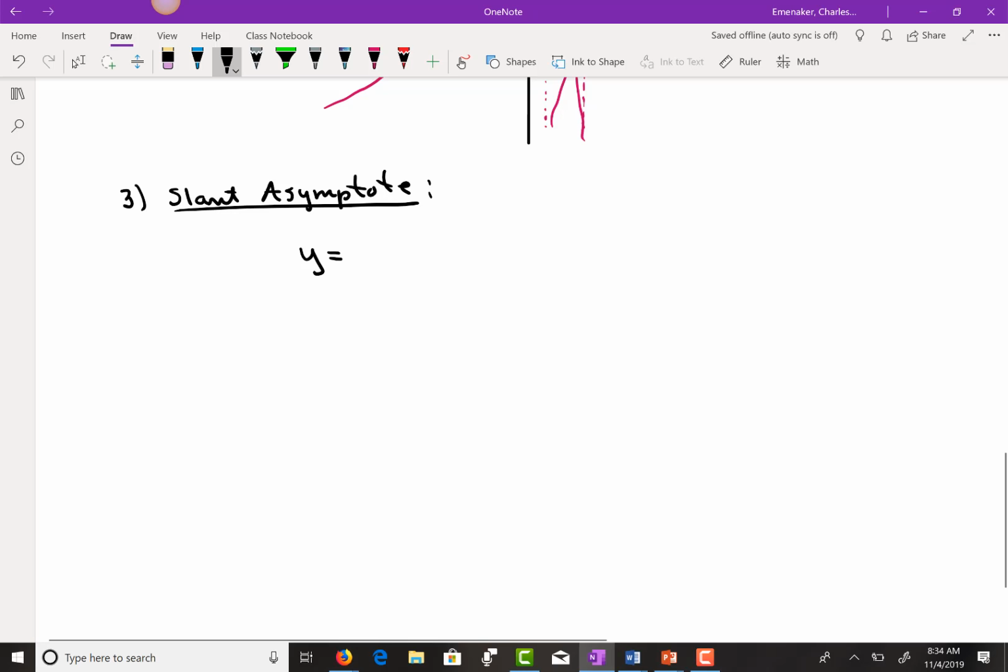So the numerator would be something like x squared plus 5x plus 6, and the denominator might be something like x minus 1. The numerator is degree 2, the denominator is degree 1. The degree of the numerator is 1 larger than the degree of the denominator. The difference is 1, always 1. If the numerator was x to the 5th and the denominator was x to the 4th, you'd still have a slant asymptote.